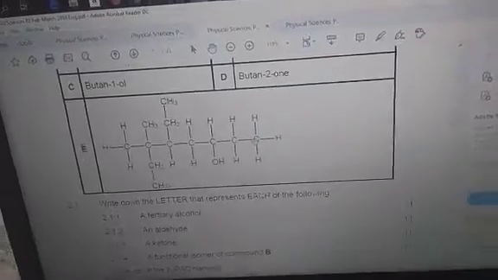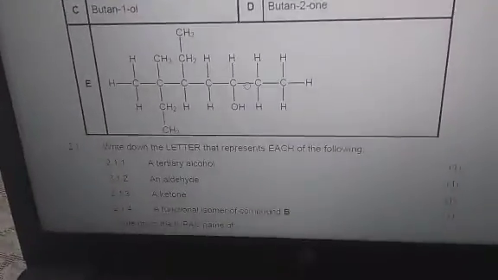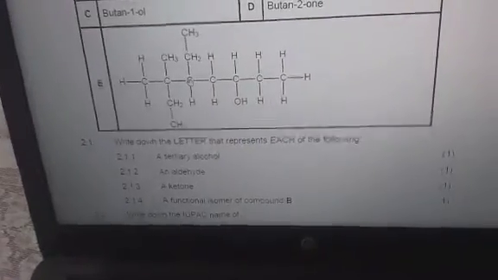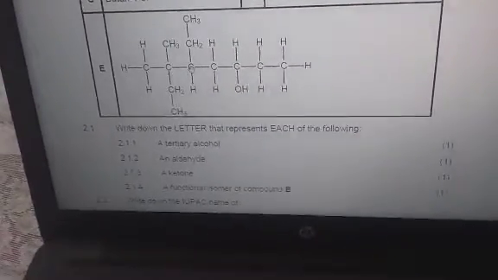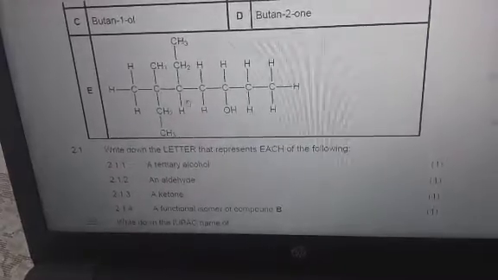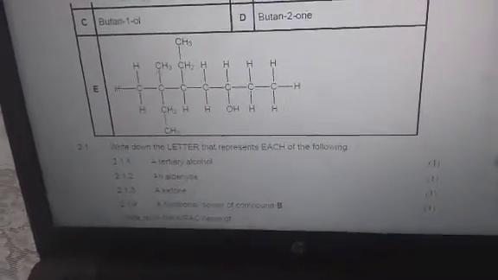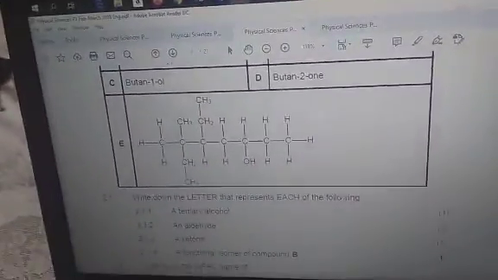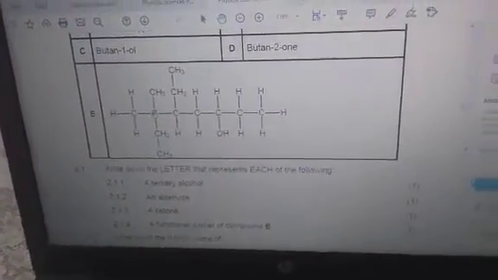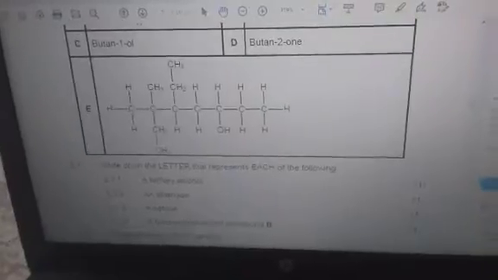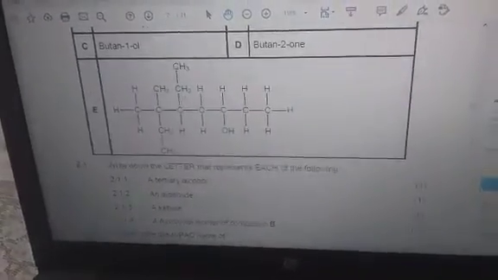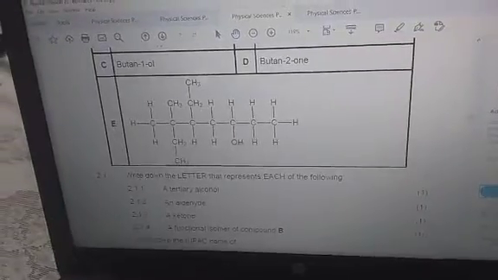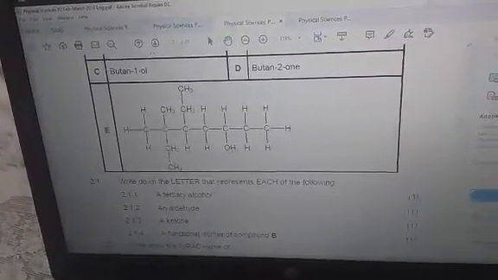Let's count then. 1, 2, 3, 4, 5. On the 5th one we have ethyl. So 5-ethyl. On the 6th one we have this one and this one, which is 6,6-dimethyl. That's what they said there. Our program was not able to identify that we have this one.